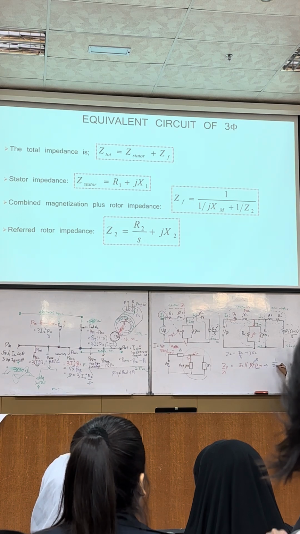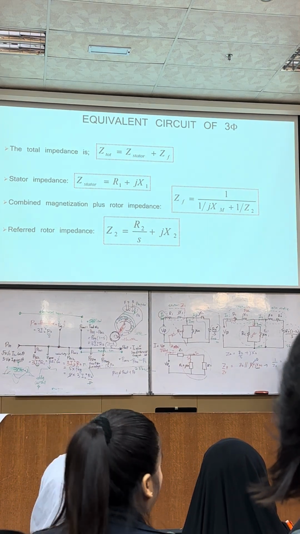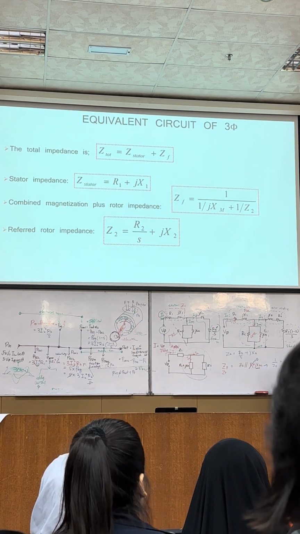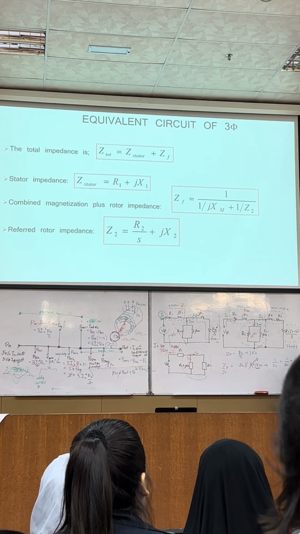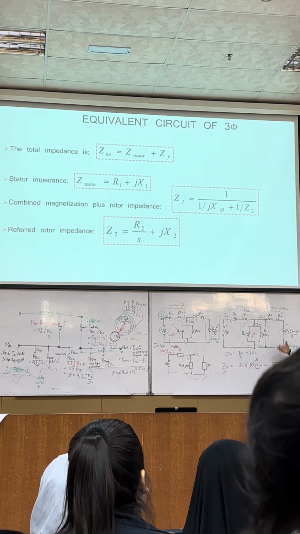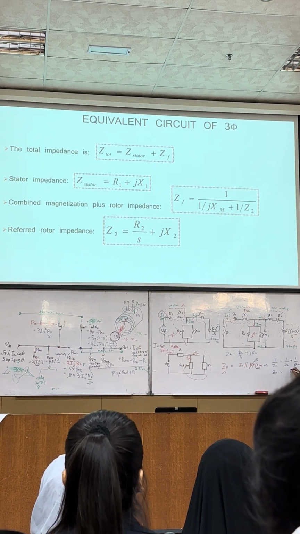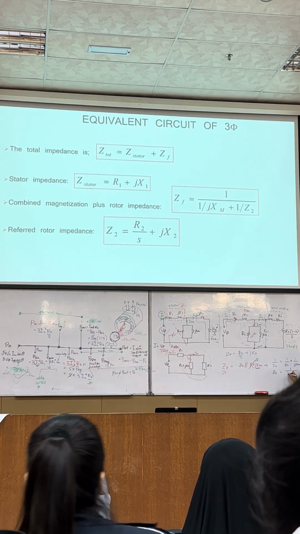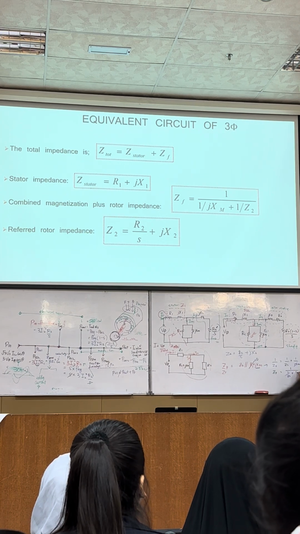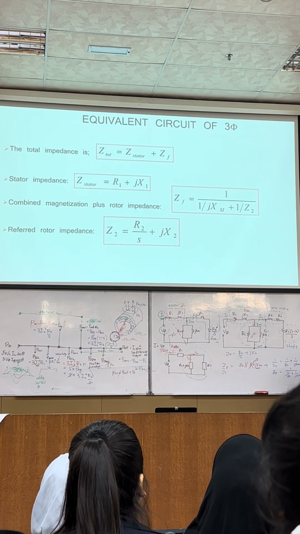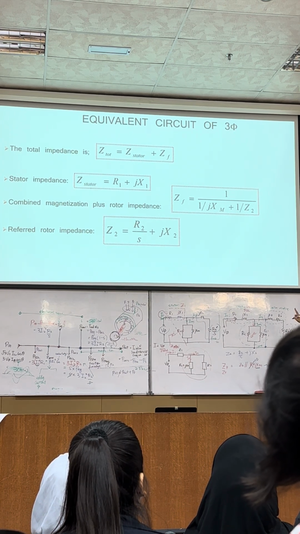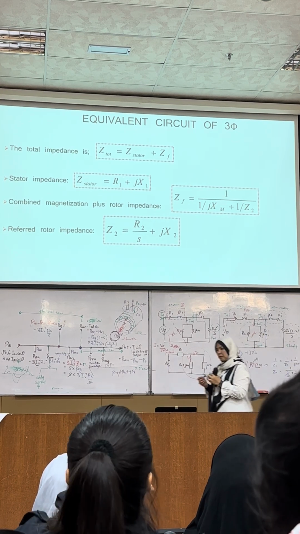To find your ZF for the parallel, it is 1 over Z2 plus 1 over jXM, right? So you flip the equation. So ZF will be 1 over, 1 over Z2 plus 1 over jXM. Tu yang dapat.